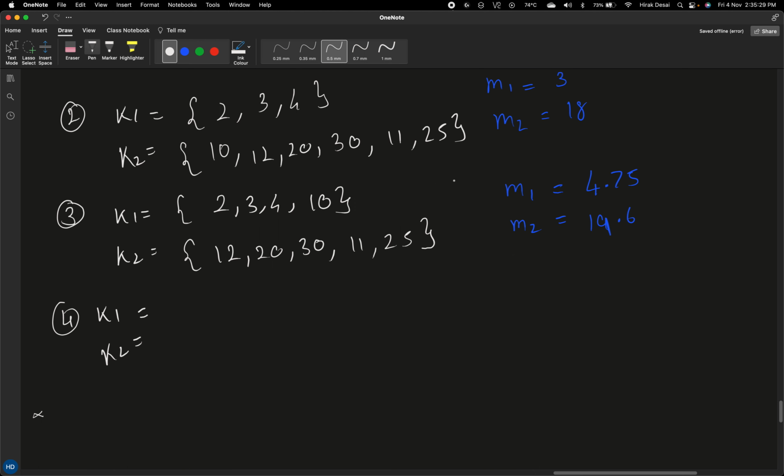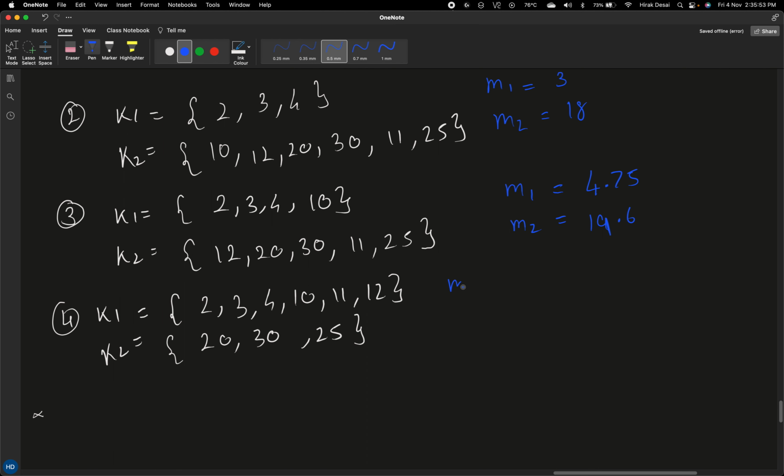It stops when the clusters don't change and the means don't change. So we'll do the 4th one: 2, 3, 4, 10, 11, 12, 20, 30, 25. If you calculate, this is what you're going to get as cluster 1 and cluster 2. We get a new mean 1 and mean 2.